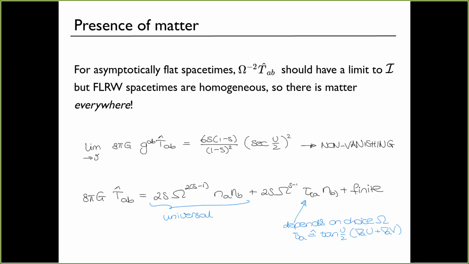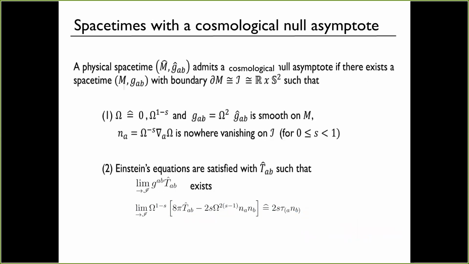As I said, the asymptotically flat spacetimes are all modeled after flat spacetime itself. Similarly, we are going to define this class of spacetimes with a cosmological null asymptote, modeled after these decelerating FLRW spacetimes. The definition is almost similar to the asymptotically flat case, but with two important differences. We define the normal with this omega to the power minus s factor.